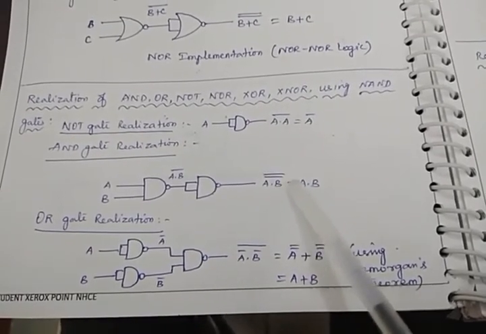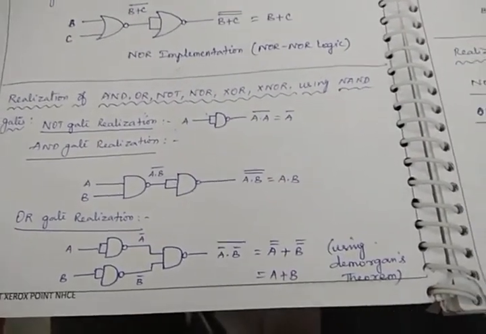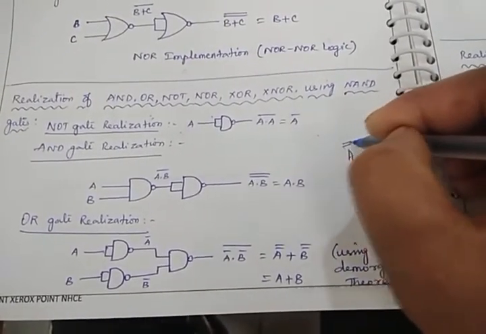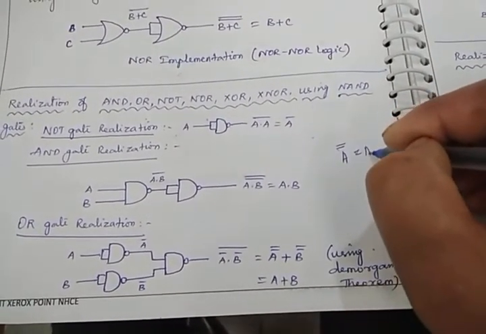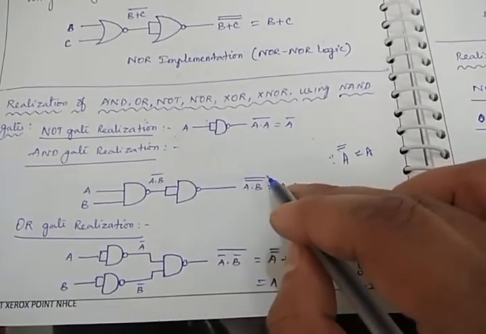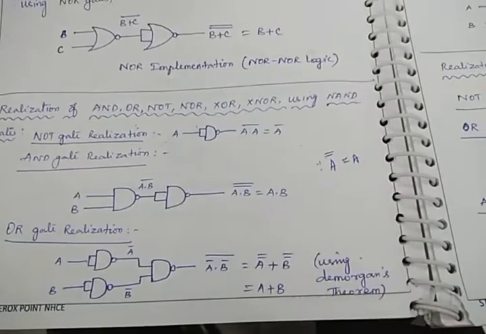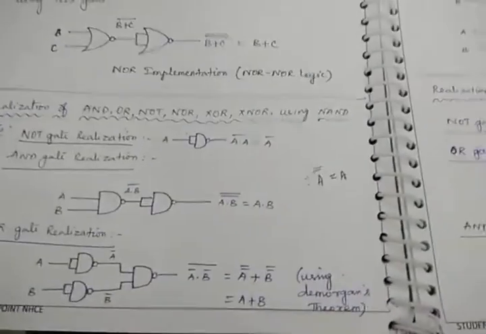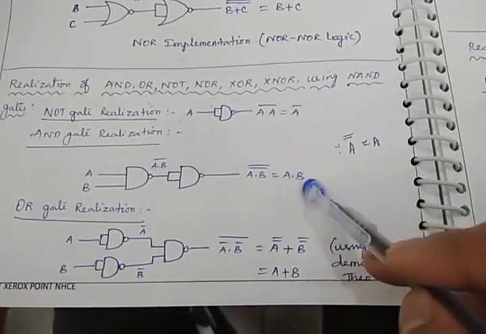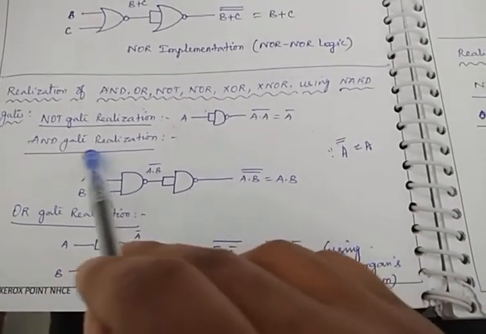A double bar is generally equal to A. I'll write here, A double bar equals A. This we know. So A dot B double bar equals A dot B. Right? So A dot B is the output of AND gate. So we realized AND gate here.